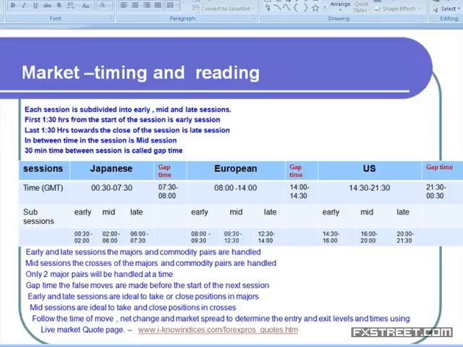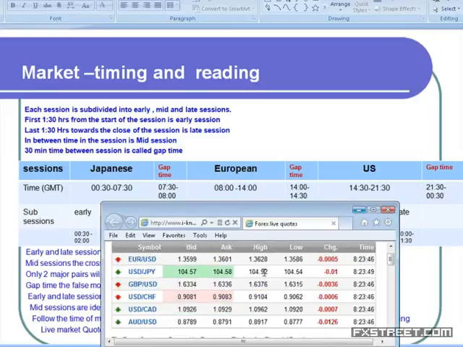And you have to understand that they handle only two pairs at a given time. Those two pairs you should be in a position to identify, and those two pairs will normally make about 40 pips spread between the high and the low during the Japanese session, and they will be handling those currencies. Subsequently, they will shift the focus to the other currencies. So all 6 pairs they will not handle at a time.